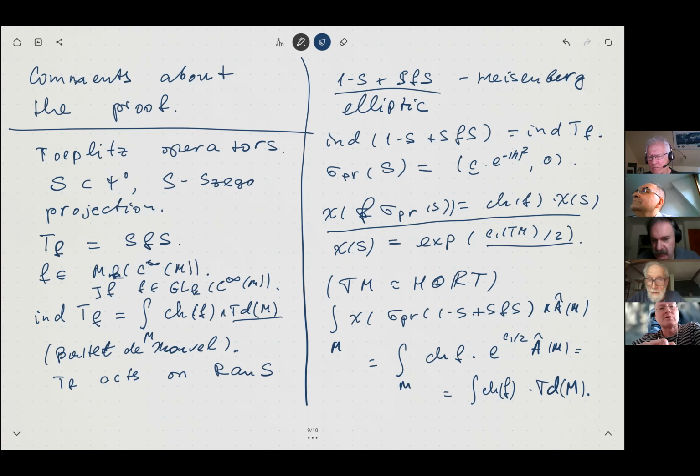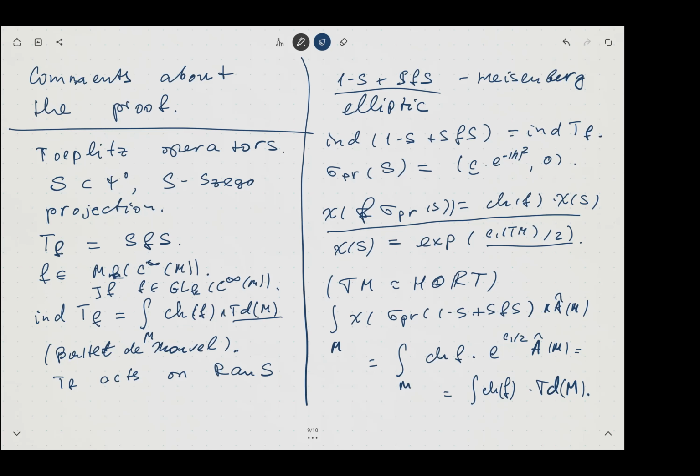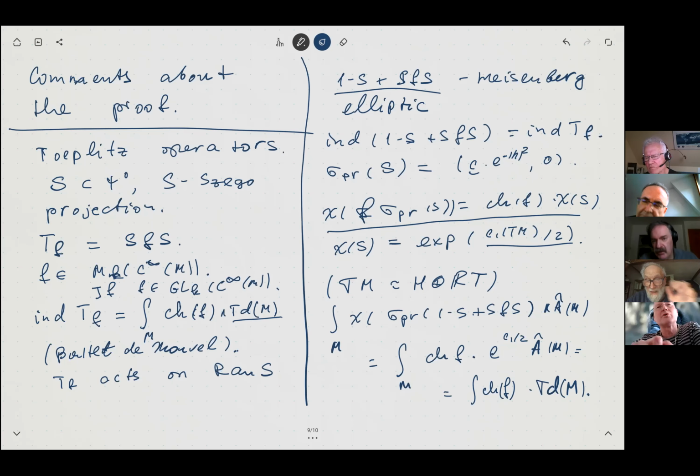Can I ask another question? Oh, please. In your calculus, you are using the framework of curved DG algebras. I know that there's a well-developed homotopy theory of curved DG algebras.